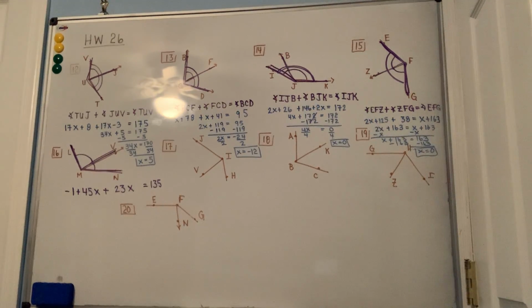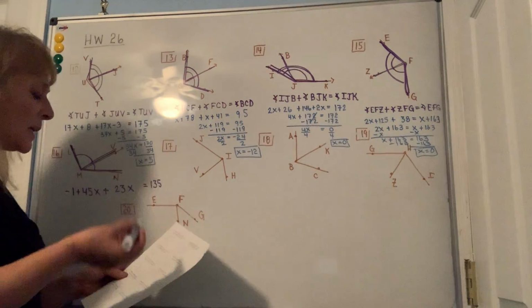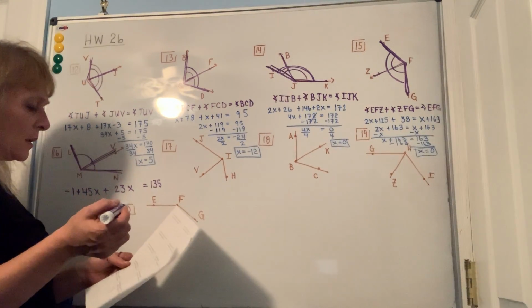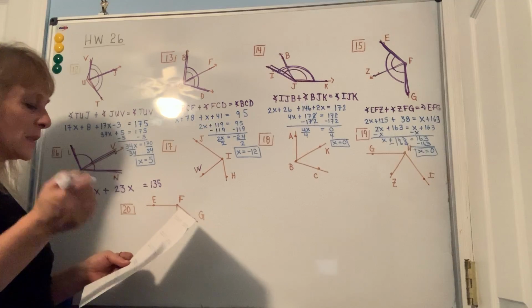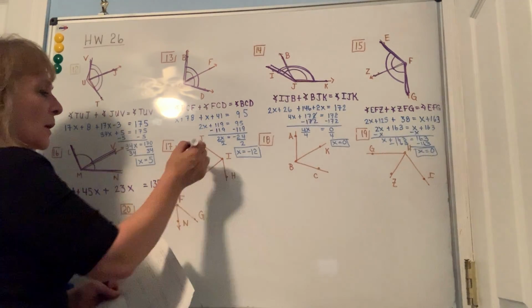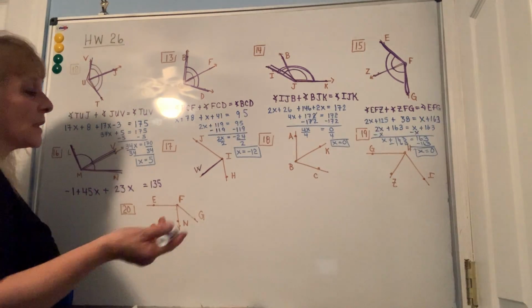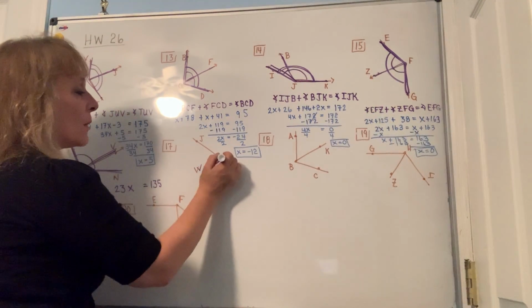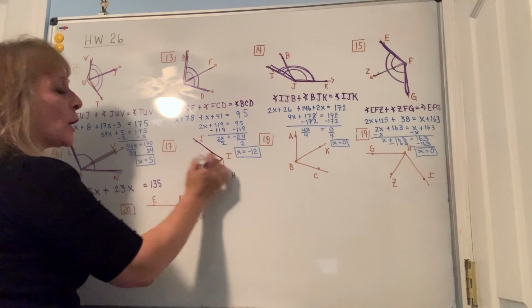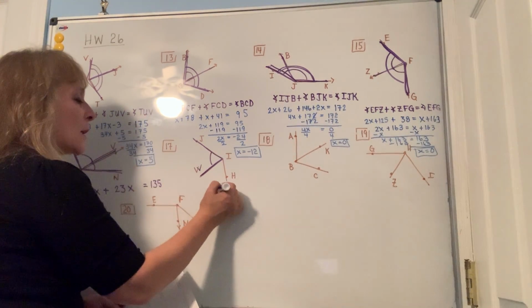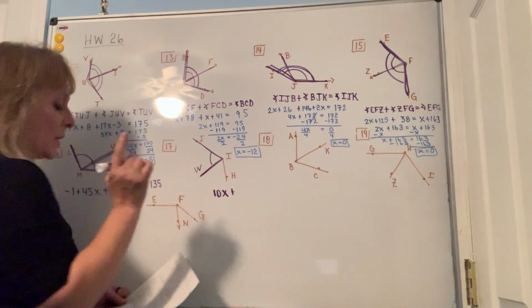Let's go to 17. Number 17 says WIG. Did I label it wrong? That's a W. Okay, I don't know why I can't see in this lighting. It does not say G at all. It says WIJ. But just know that that's a small one, and that one is 10x. You have to add the other small one to it.